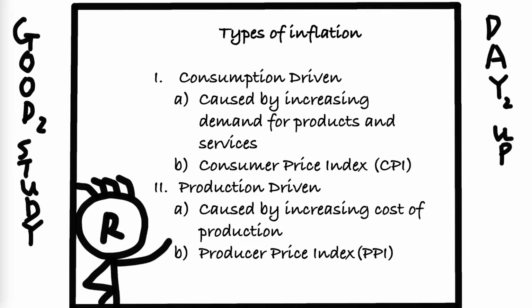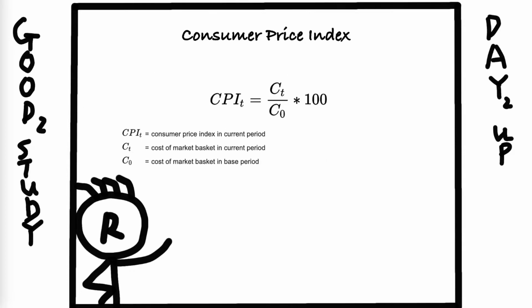Production-driven inflation can be measured by PPI, the Producer Price Index. Let's talk about CPI first. This is the formula for CPI. You need to set a base year, which is C0, and then compare whichever year that you want to analyze with the base year by using this formula. Easy enough.